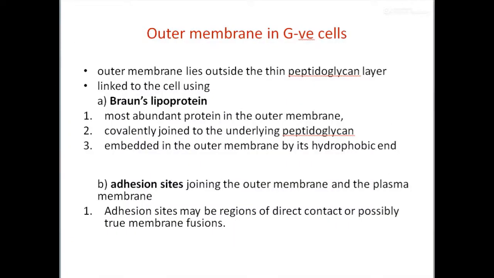Now, the outer membrane has different parts and it is linked to the cell using a protein called Braun's lipoprotein as well as by certain sites called adhesion sites. Braun's lipoprotein is the most abundant protein in the outer membrane and it is covalently joined to the underlying peptidoglycan layer and it is also embedded in the outer membrane by its hydrophobic end.